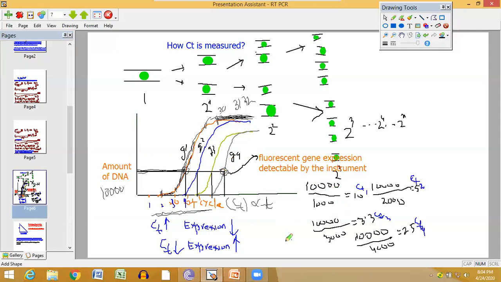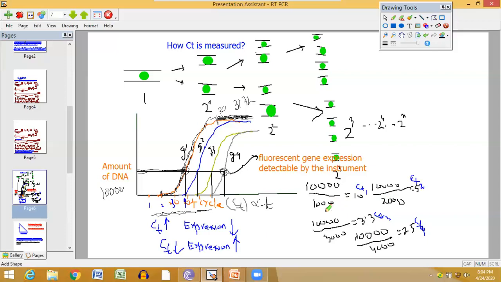I have given one mathematical expression here. Say the final amount was 10,000. Say there are differential expressions of genes. Say there are 4 genes, arbitrarily chosen. We do not know the expression of the genes and we are going to measure this.